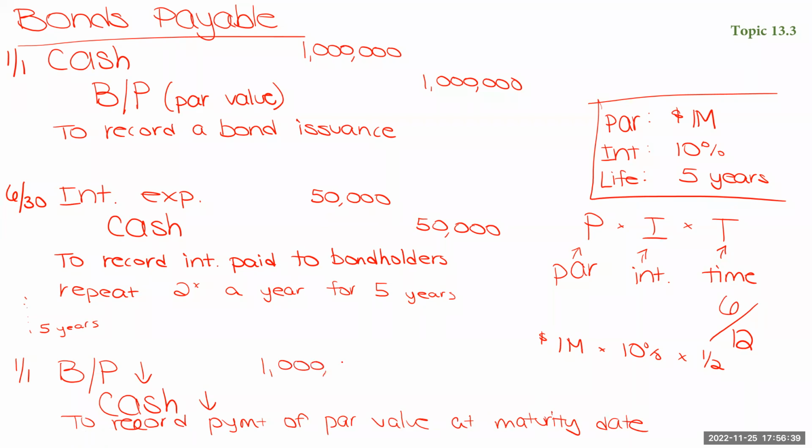Okay, $1 million. There you go. Now you know your journal entries for a bond issuance, for interest, and for payment. Lovely.